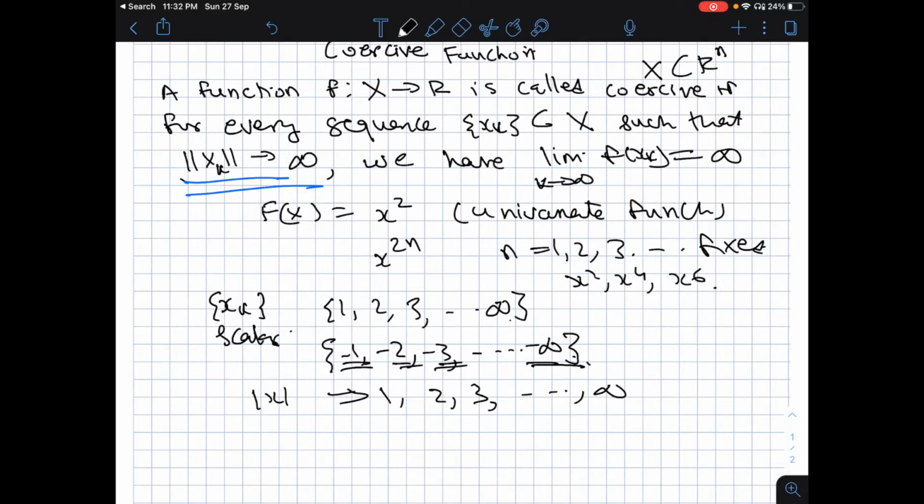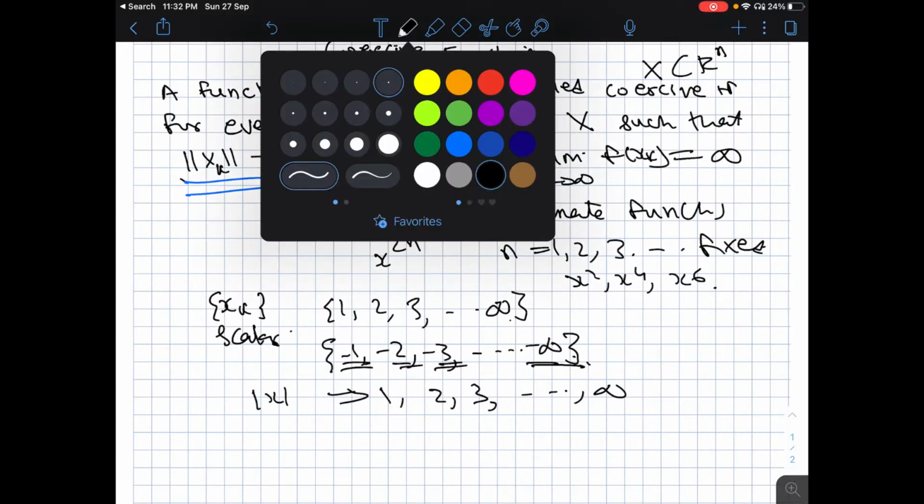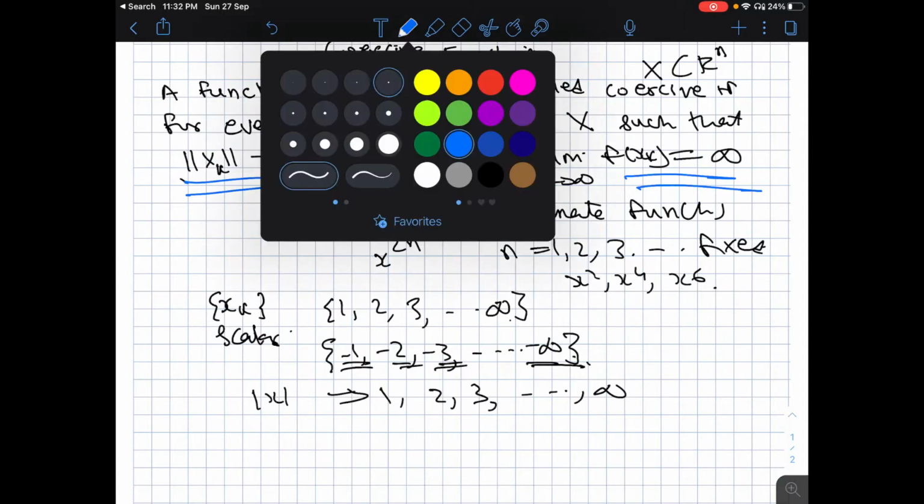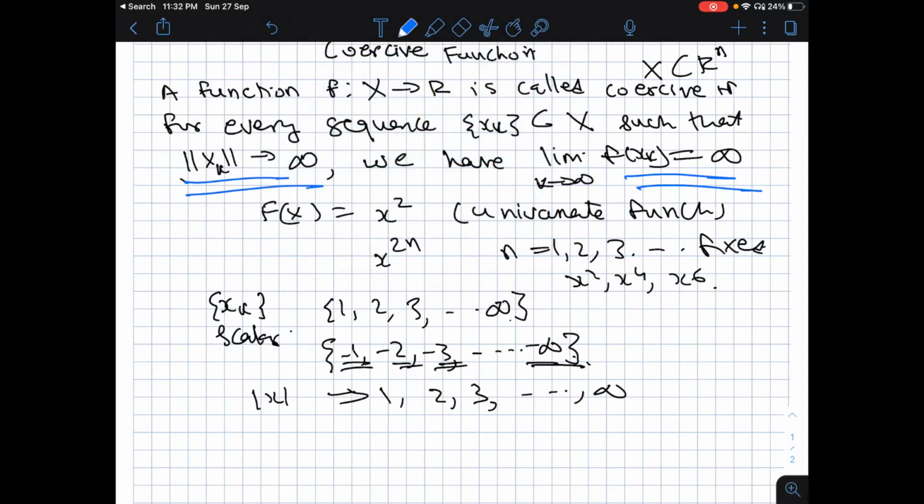Then we need that the limit of f of x_k also should go to infinity. So if you look here, if I take f of x equal to x square, for example, then 1, 4, 9, 16, and so on, it also goes to infinity, very obvious.